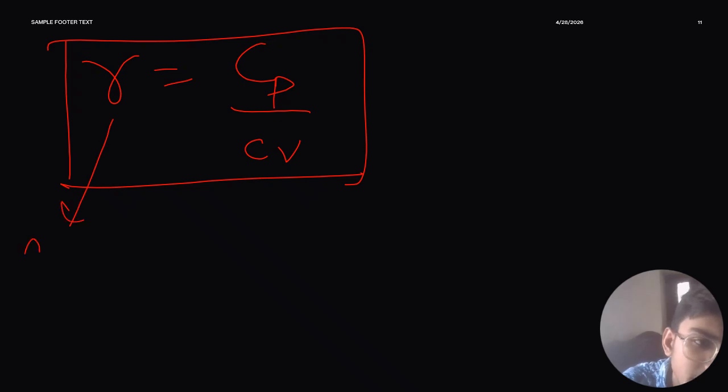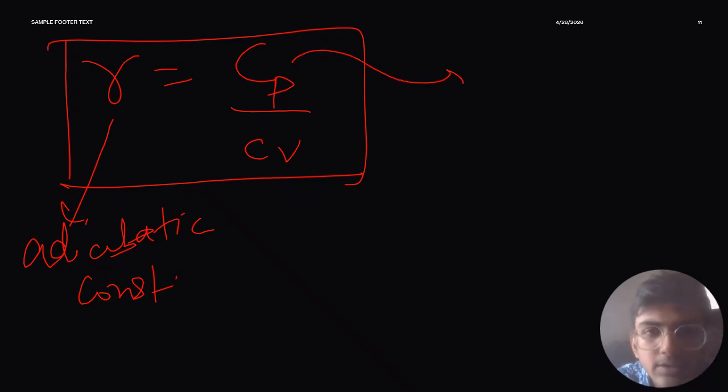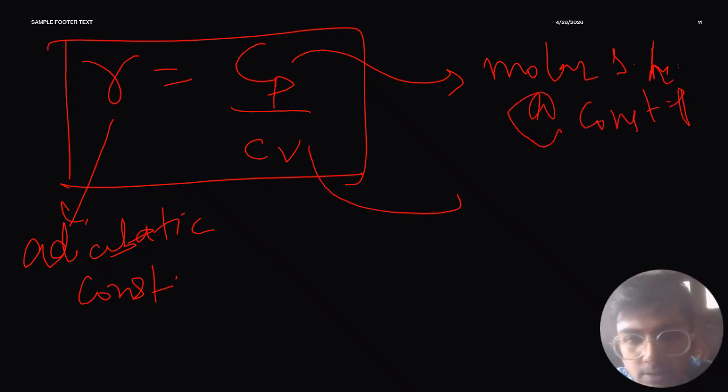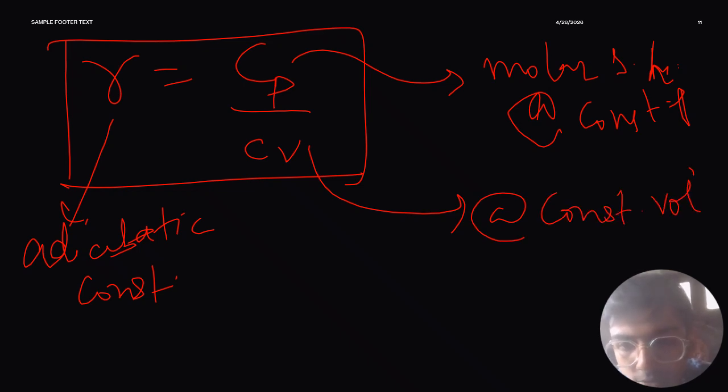This is called the adiabatic constant. Cp is the molar specific heat at constant pressure, and Cv is the same at constant volume.